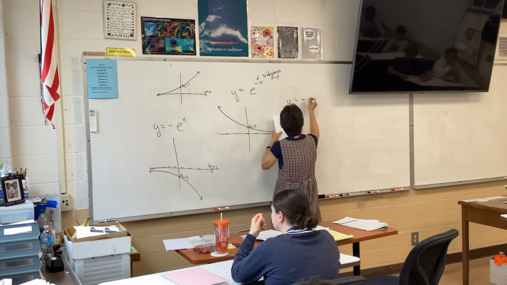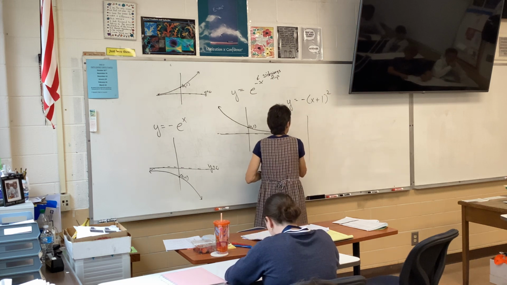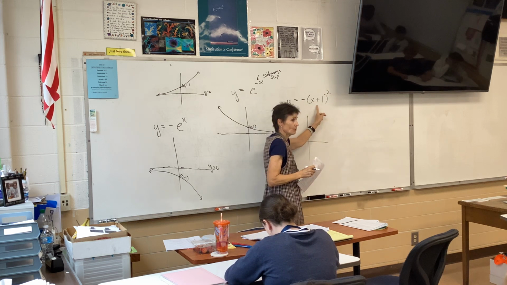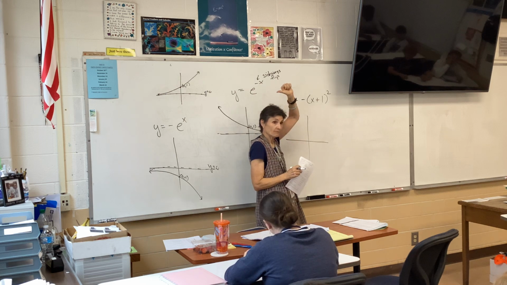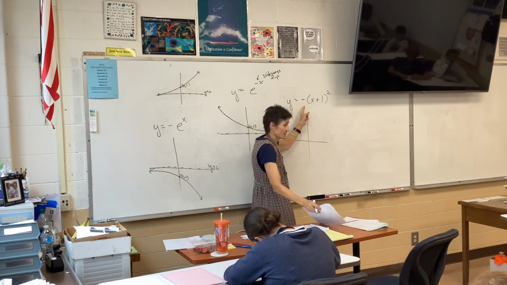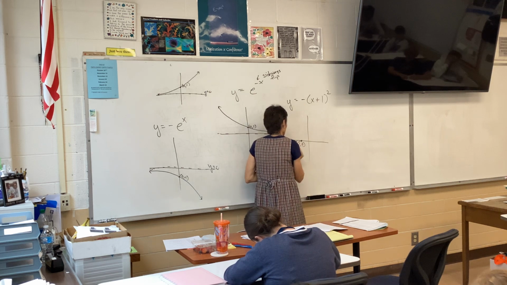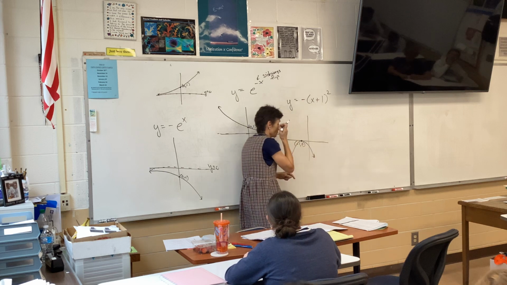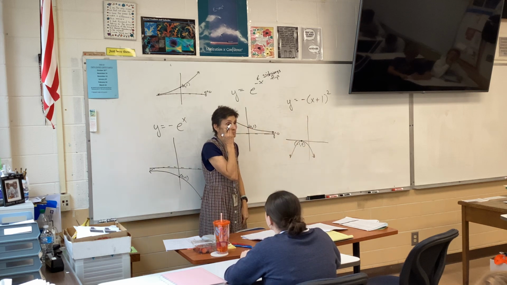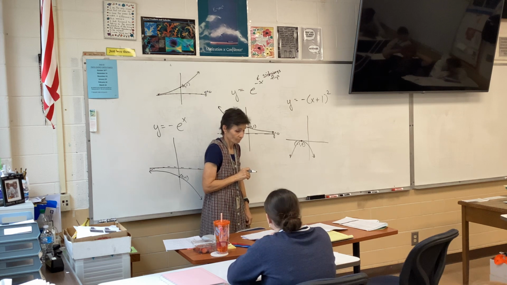What about this? What shape? Parabola. What does that do? Left 1. What does that do? Flips it upside down. So left 1 and upside down. Did you keep that straight?